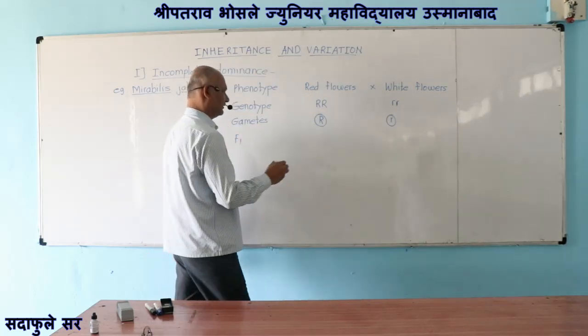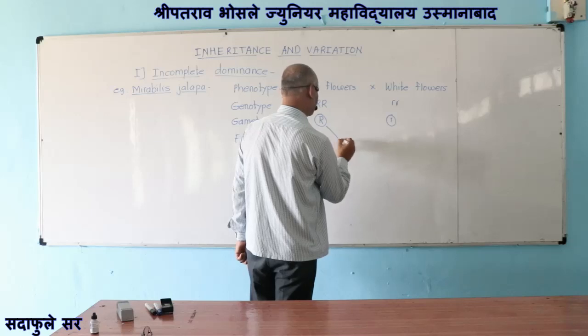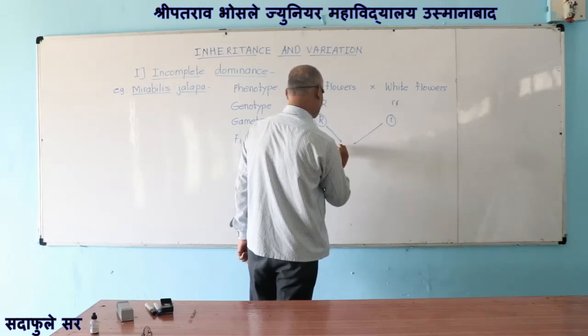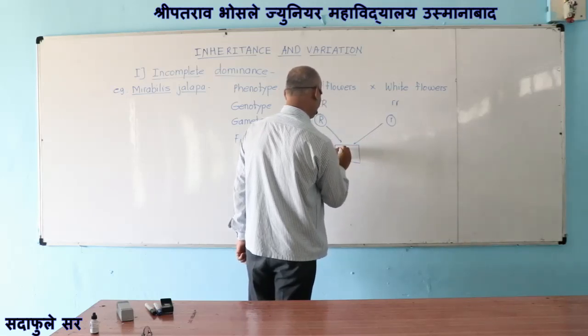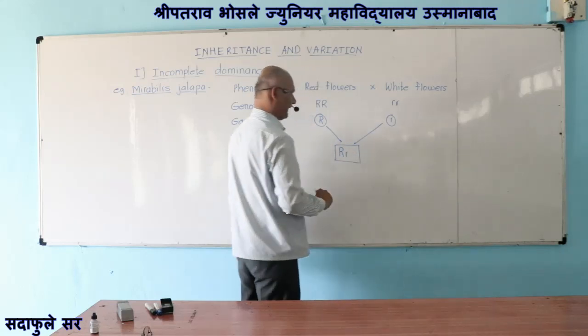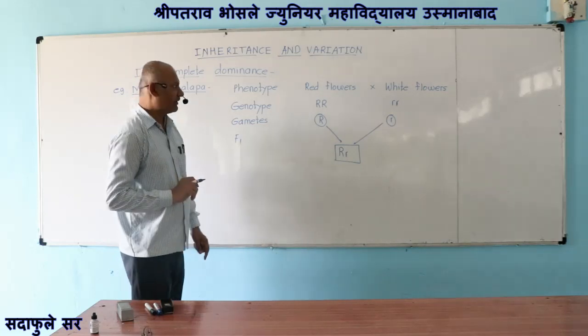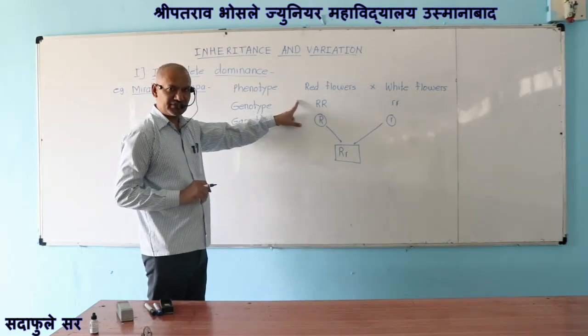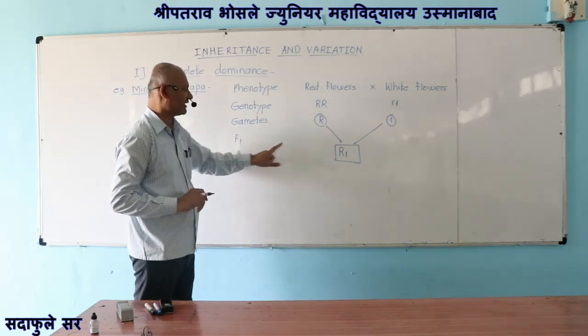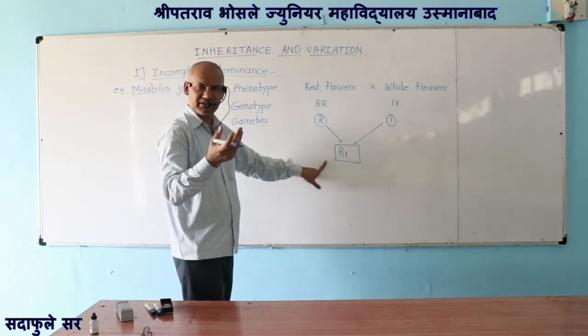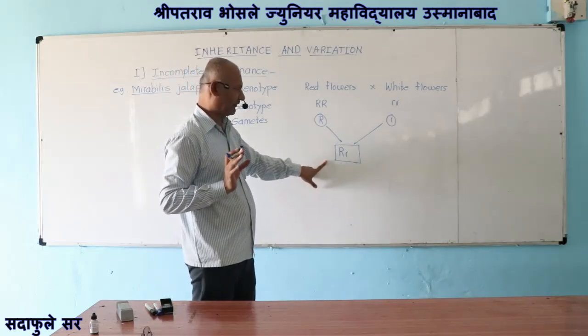F1 generation: capital R, small r. Now according to Mendel, according to law of dominance, in F1 generation the flower should be red.